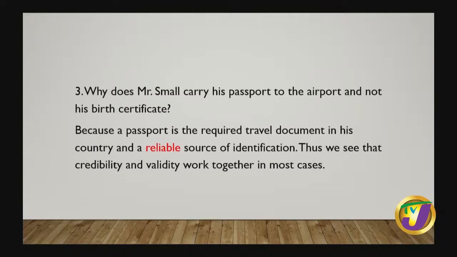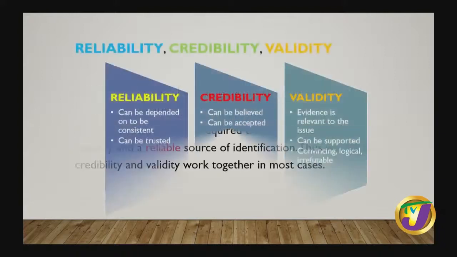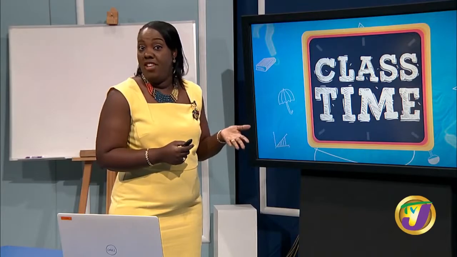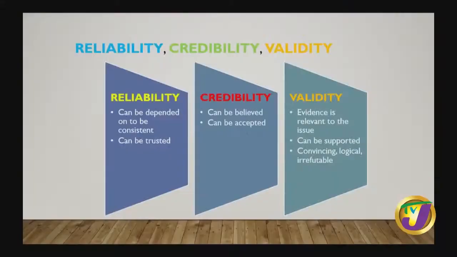So students, just in case you're still blank or unclear about what these words actually mean, let me provide some definitions. Reliability. We are saying if a source is reliable, it can be depended on to be consistent. So we are talking about consistency, yielding the same results.